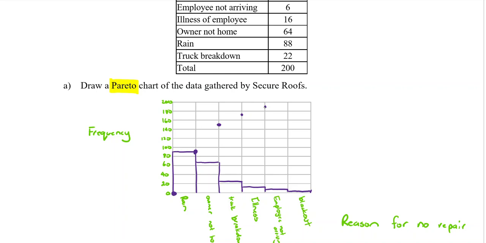Then, what was next? Employee not arriving, plus 6, 196. And then finally add on the final 4, which will take us to the complete 200. Okay, my ruler won't come up, so I'm going to have to freehand. Try to rule between these points, very straight, don't bend it, straight intervals.